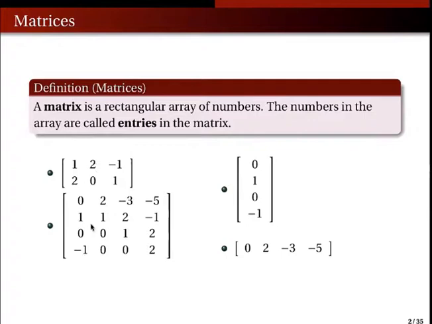In this example, you have 4 rows and 4 columns. In this particular example, you have a single column with 4 entries, and in here you have a single row with 4 entries. So these are all examples of matrices.